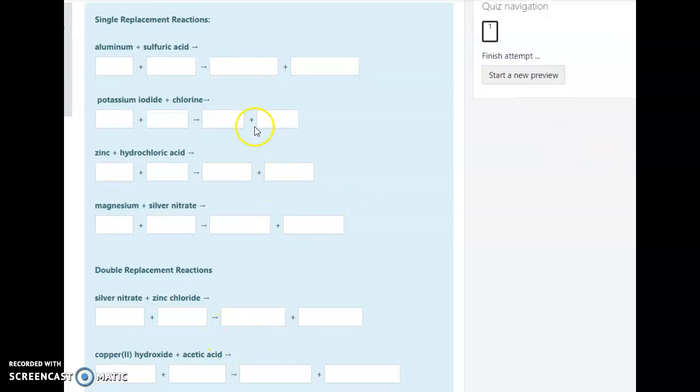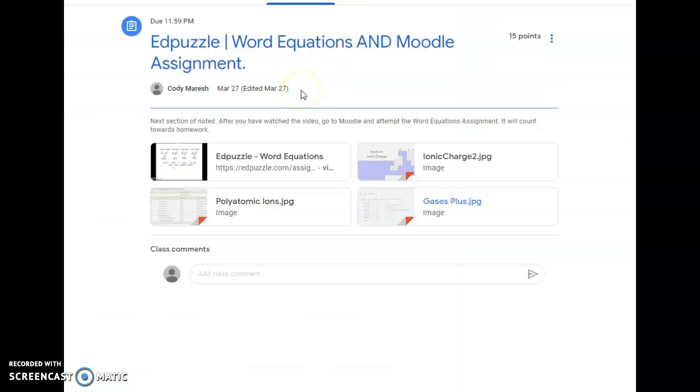Before you attempt reaction prediction work, you should definitely make sure to complete or try to complete the word equation assignment on our chemistry class Google Classroom. In order to do reaction predictions, you need to understand word equations and how to do those. You'll need an ionic charge sheet, which is here.